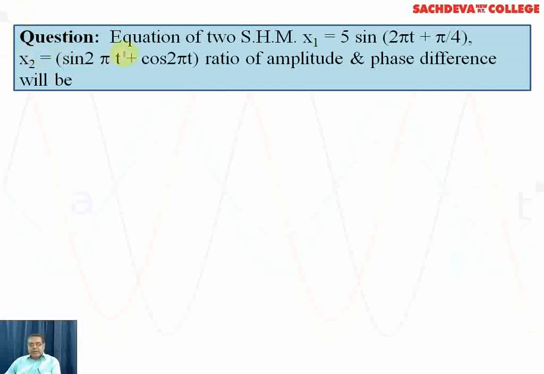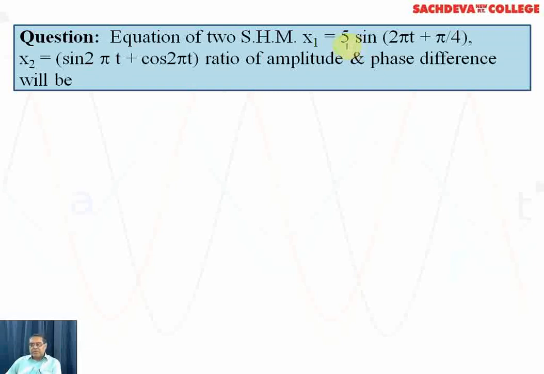Now we come to another question, where the equations of two S.H.Ms are given, x1 and x2. The point to note is that x1 is totally in terms of sine, and x2 is in terms of sine and cosine. In these two equations, we have to find the ratio of the amplitudes and the phase difference.